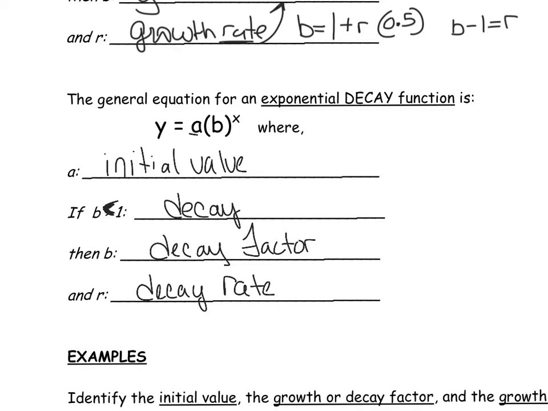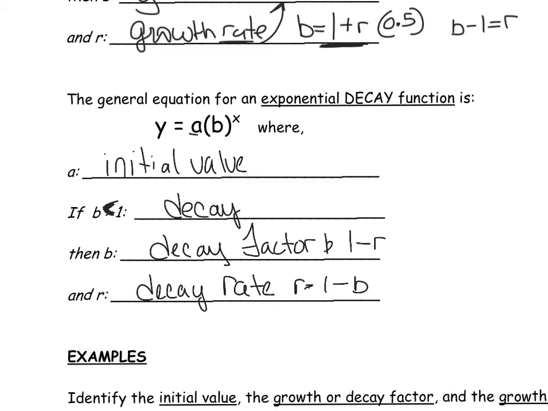All right, so we said that b is our factor. Well, since you're adding 1 plus r in growth, your factor for decay is going to be 1 minus your rate.